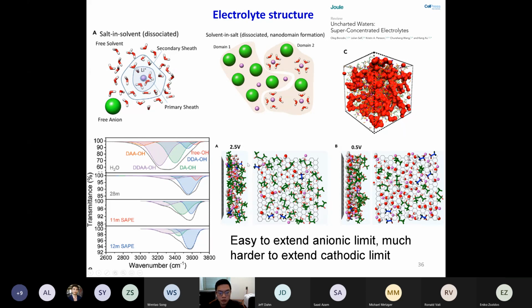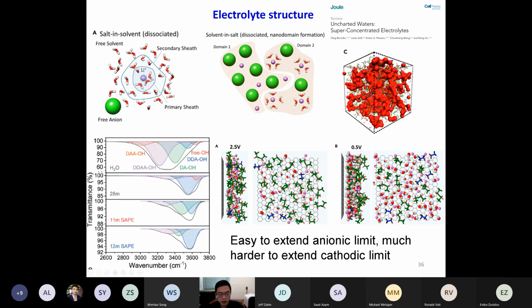But to us, the more important structure for the battery is the structure very near the electrode surface, right? Specifically in the double layer near the electrode surface.